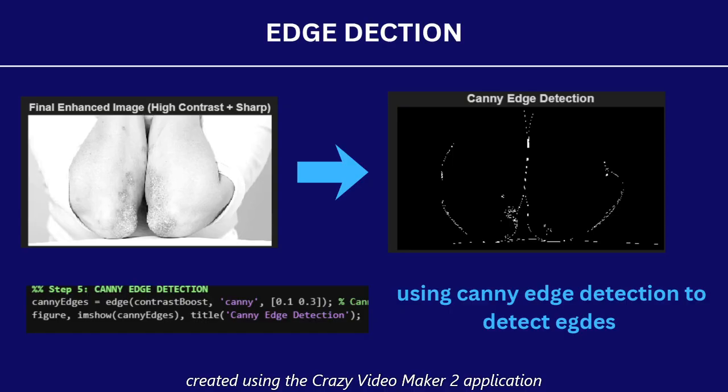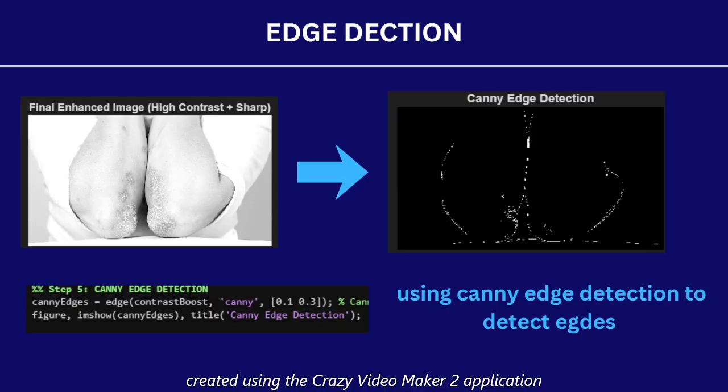The next step is edge detection. Edge detection identifies the boundaries and shapes inside the medical image. Here we have used the Canny edge detector because it's accurate and noise resistant.